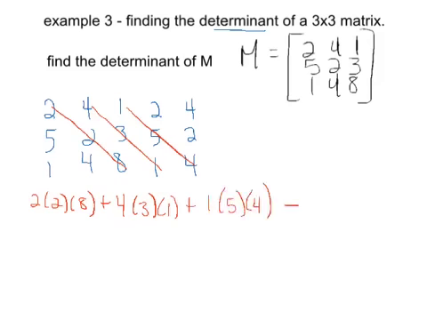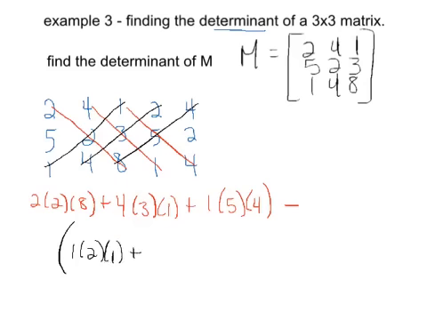And then we're going to subtract. I shouldn't have used blue for the numbers, so I'll use black. This diagonal, that diagonal, that diagonal. So I'm subtracting 1 times 2 times 1 plus 4 times 3 times 2 plus 8 times 5 times 4.